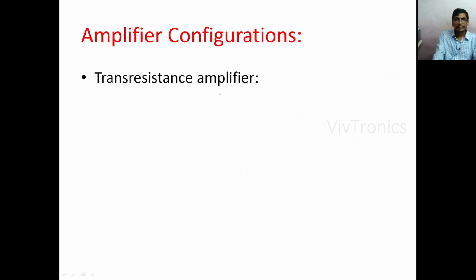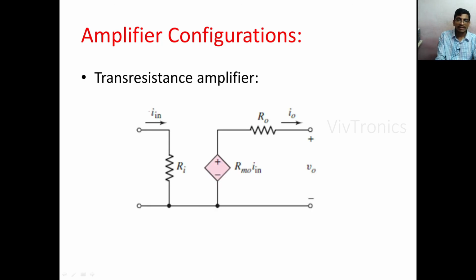Next, the last type of amplifier configuration is the transresistance amplifier configuration. In the transresistance amplifier, the input signal is Iin, and the output signal is Vo. Therefore, output voltage by input current gives you the resistance, Rmo.